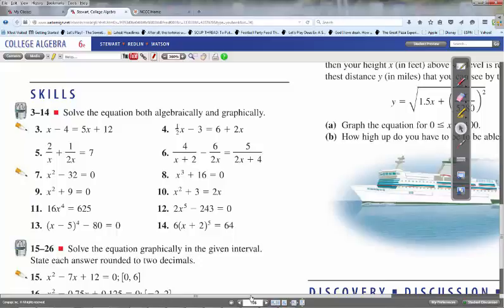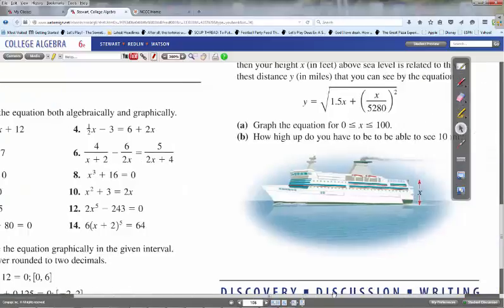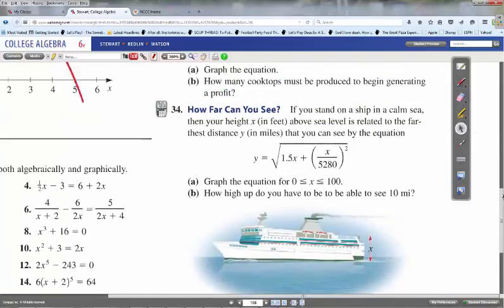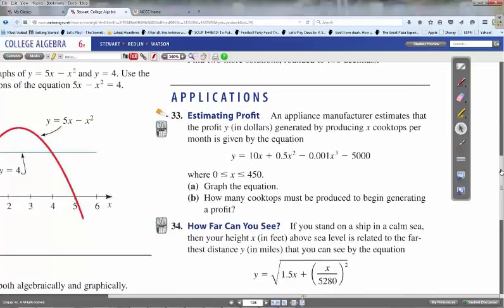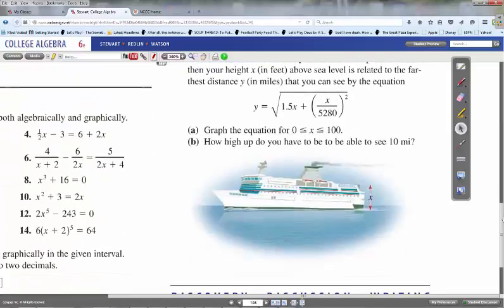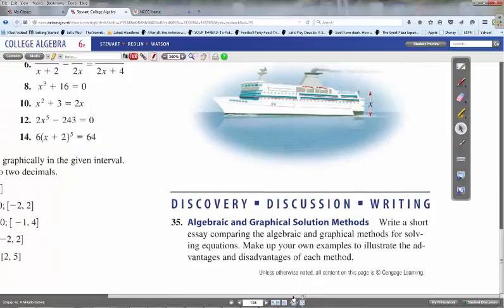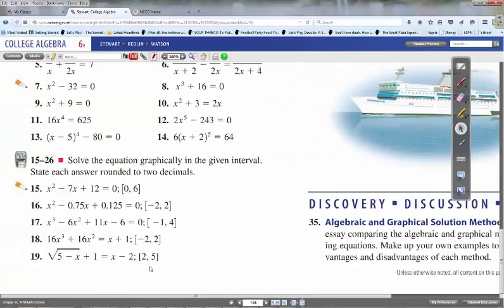If you wanted to do an application problem like 33 or 34, it's not really any more difficult. I guess I'll do one of these problems down here just to show that these things don't really matter that much. Solve the equation graphically in the given interval, state each answer rounded to 2 decimals.